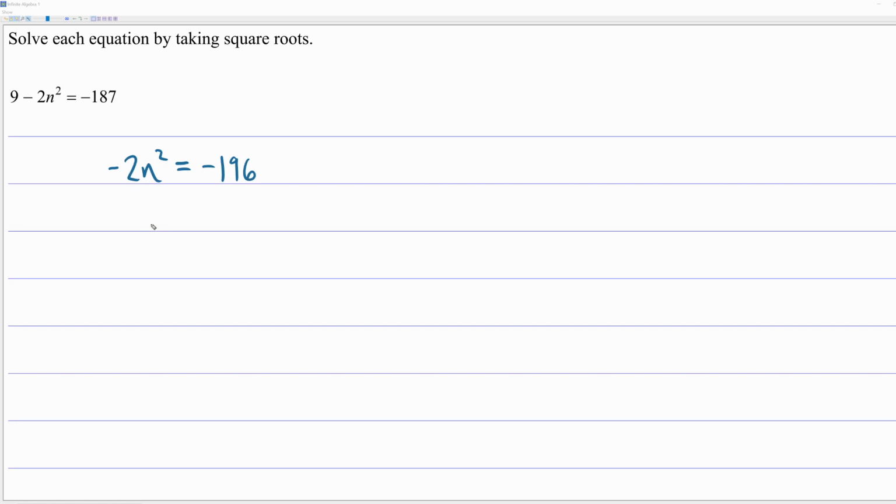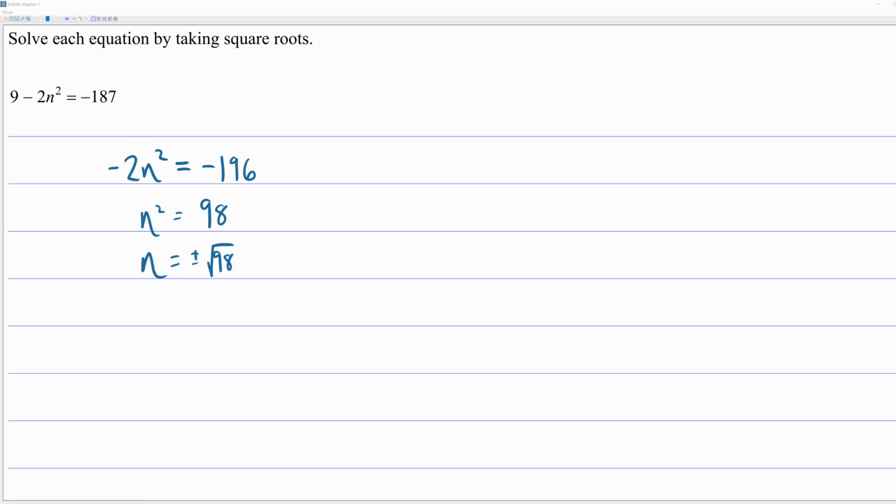And then when you divide by negative 2, let's see, 196 divided by 2 is, what's that, 98, I suppose. Positive 98. Take the square root on both sides. So n is plus or minus the square root of 98.